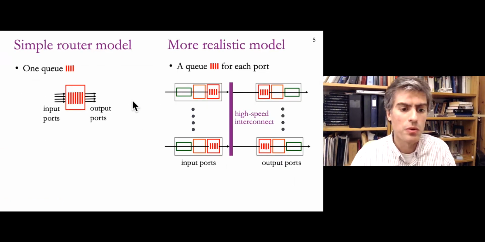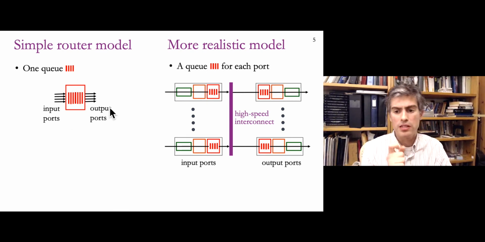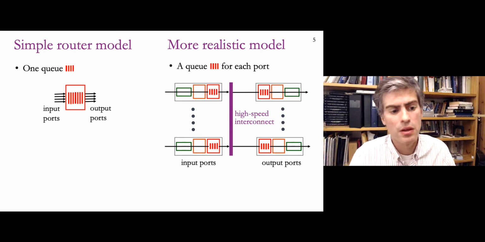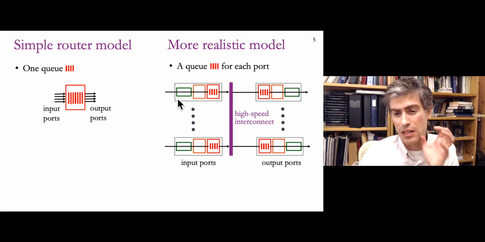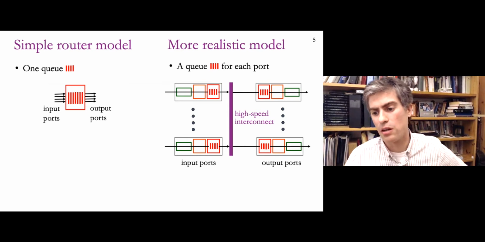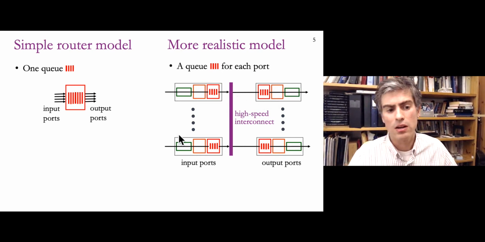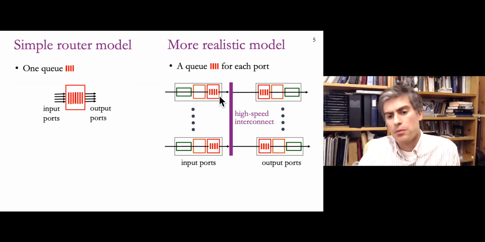Cool. So we started off with a simple router model with one queue, but today we're going to be breaking that down and looking in more detail at what's really happening. I mean, not in complete detail, but just a little bit more detail to give you a greater sense of how packet loss is not uniform across all the ports. So for each of these 4 ports I'm showing here, we actually are going to have typically a separate queue.